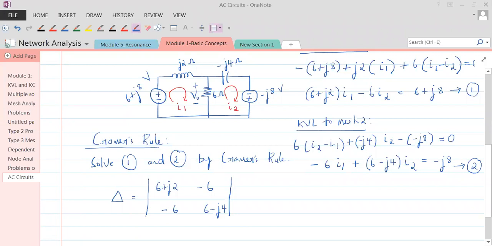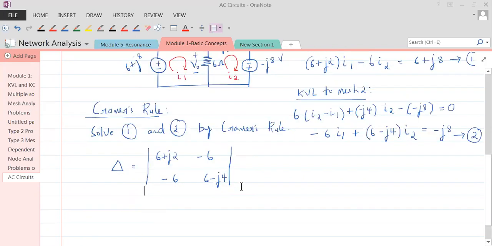Understand that? What is delta now? Delta is the determinant of the coefficient matrix. Everybody understand? You need not write all this in the exam. You just have to take this and calculate.